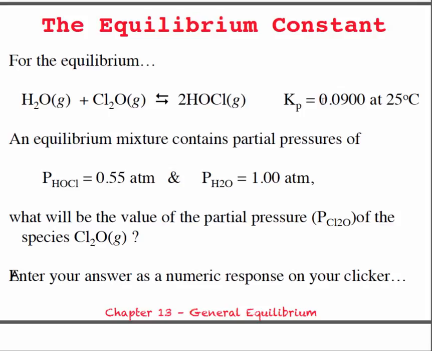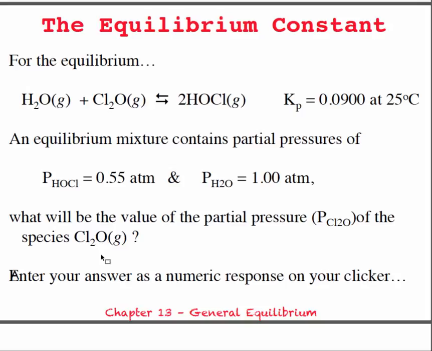The equilibrium has a constant that's fairly small. The pressure constant looks pretty small, and then we have partial pressures of gases here. An equilibrium mixture contains a partial pressure of 0.55 for HOCl, and H2O is 1 atmosphere. What will be the value of the partial pressure of Cl2O, dichlorine monoxide?